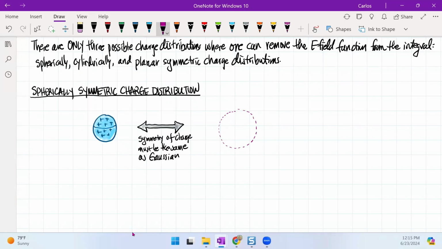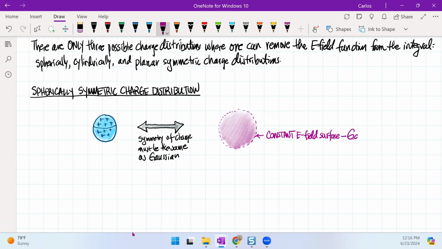And this one right here is a constant E field surface.